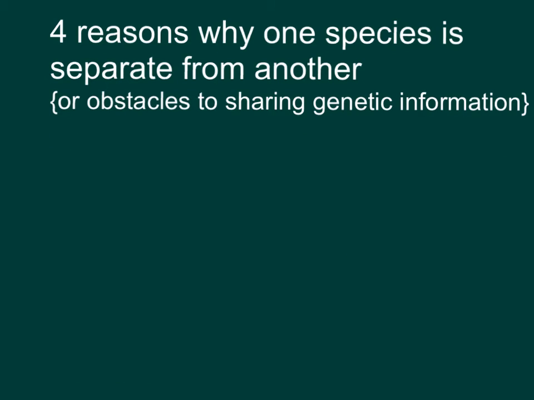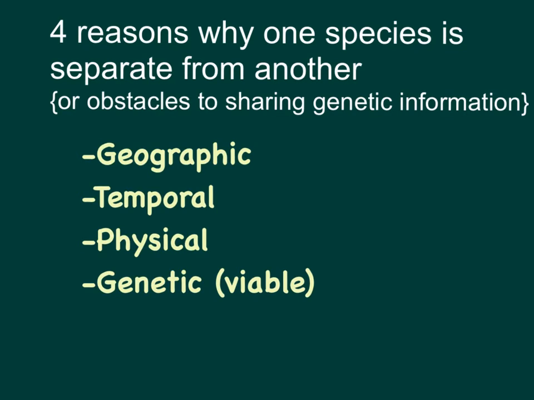Now, there are 4 reasons why one species might be separate or not allowed to share genetic information with another species. So one way to think about this is we are looking for 4 obstacles to sharing genetic information. And these are the 4 reasons. Now we're going to go into them in detail in the slides to come, but they are geographic, temporal, we'll explain what that means later.